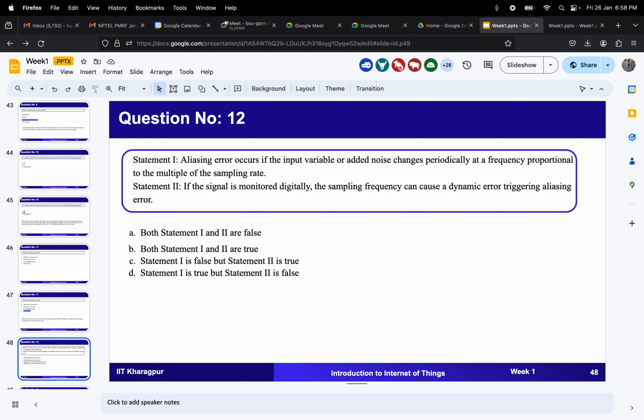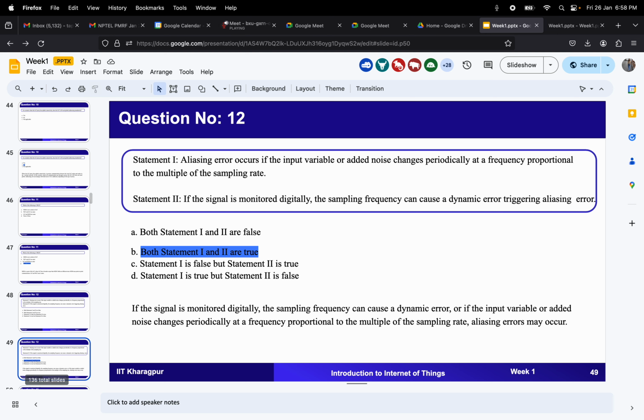B, both the statements are true. C, statement 1 is false but statement 2 is true. D, statement 1 is true but statement 2 is false. Option B, ma'am. Both statements are true. Okay, anyone else? Yes, option B is correct. Both the statements are true.